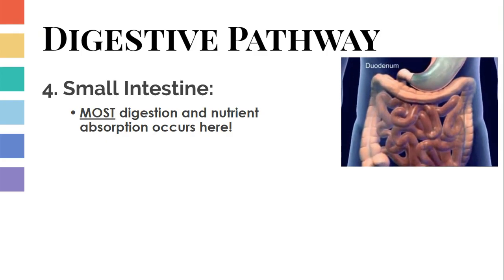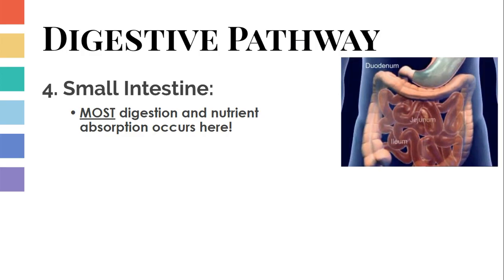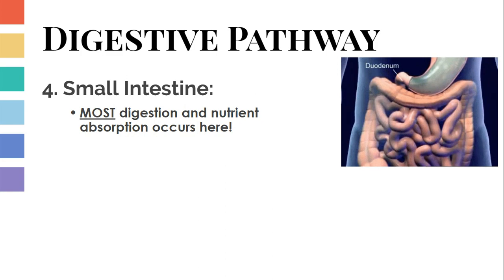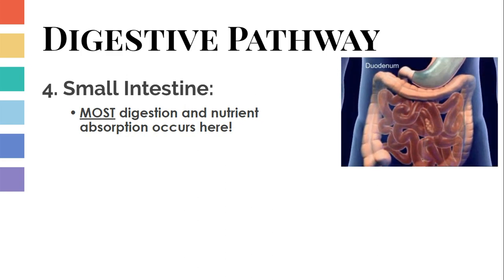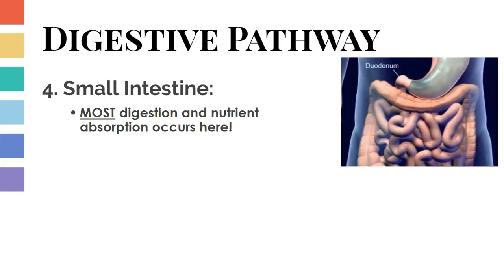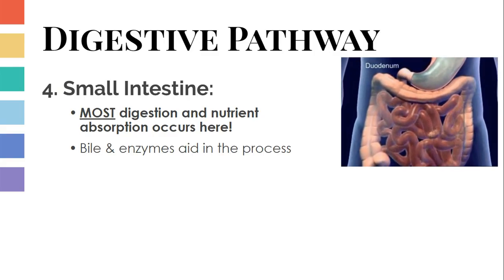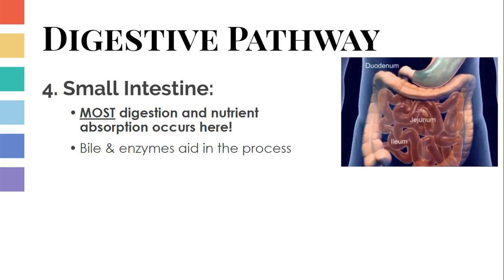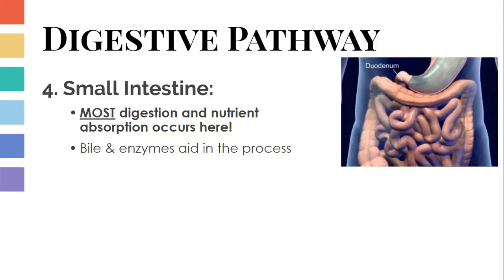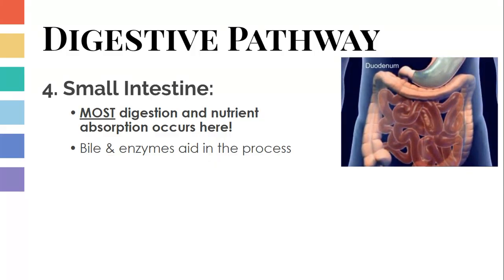A lot of people make the mistake of thinking that digestion takes place in your stomach, and that is not the case. Most of your chemical digestion takes place in the small intestine. And again, it's the longest organ in this tract, so it makes sense that there's a lot of surface area and a lot of digestion taking place here.